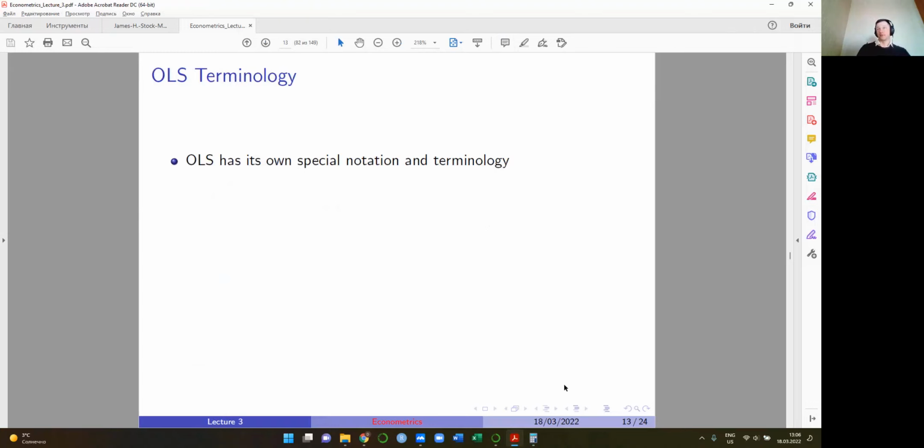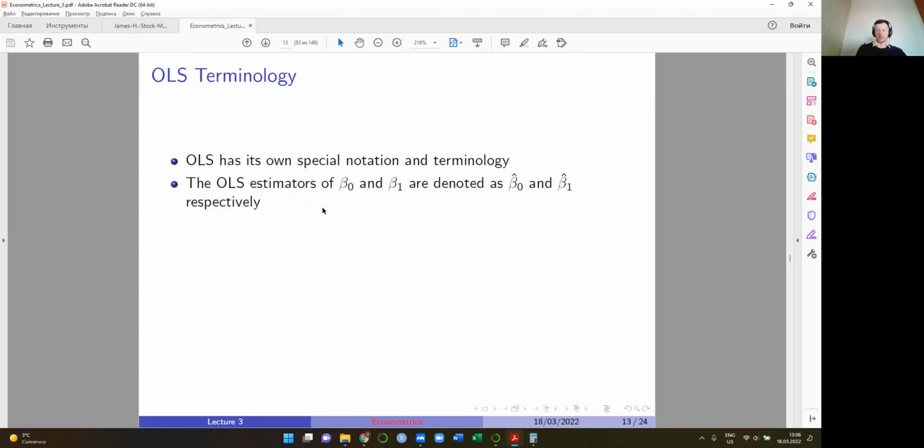So now we need to discuss some terminology, some language that we are going to use for these OLS regressions and for our calculations. First of all, we spoke that estimators of the unknown parameters are denoted as beta 0 hat and beta 1 hat respectively.